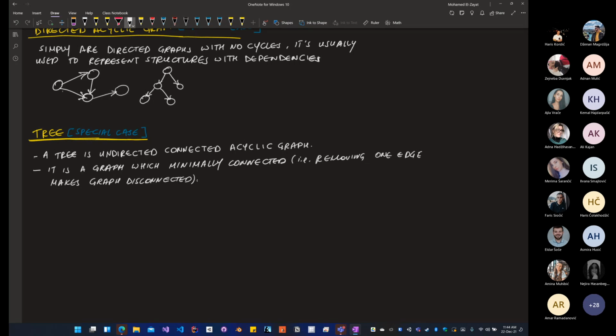So this is a very important point. As I already mentioned, you could end up with something like this. If you remove that edge, the graph becomes disconnected, which violates this definition. So it doesn't become a tree, it becomes just a graph.